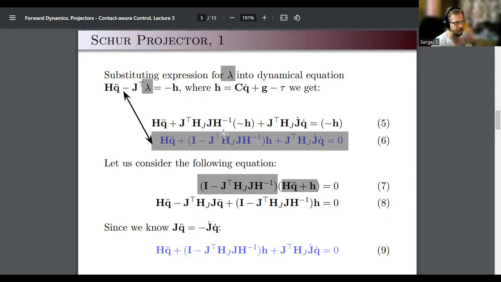The exact same can be achieved by simply multiplying manipulated equations without any lambda in the first place by this operator. Okay, so this is what we managed to achieve.